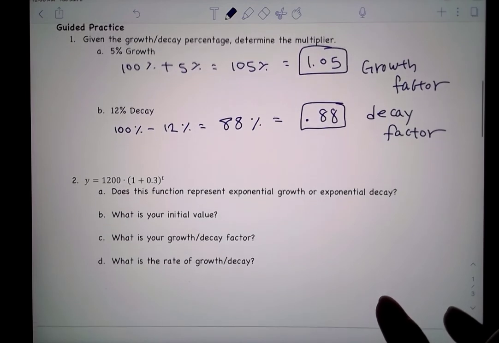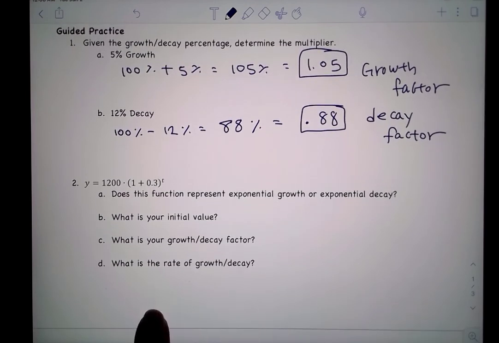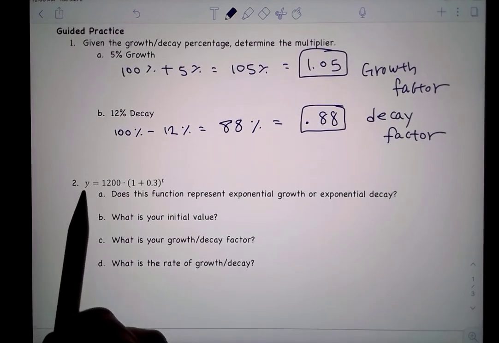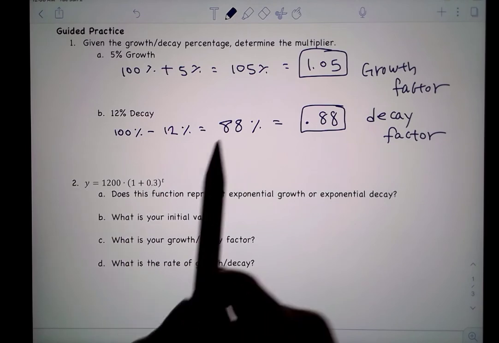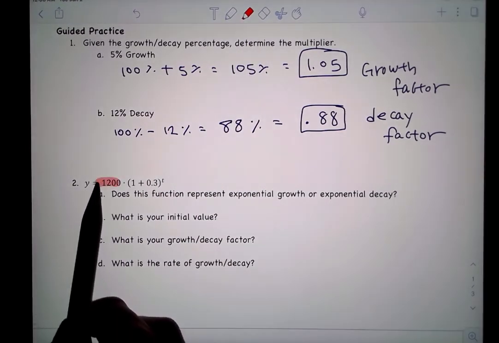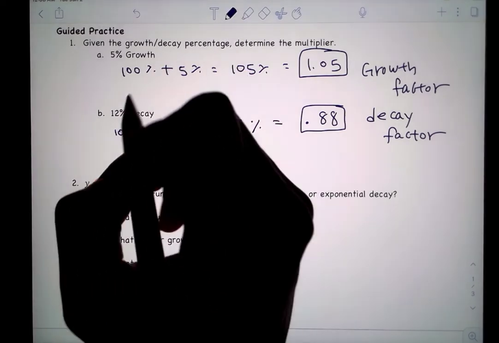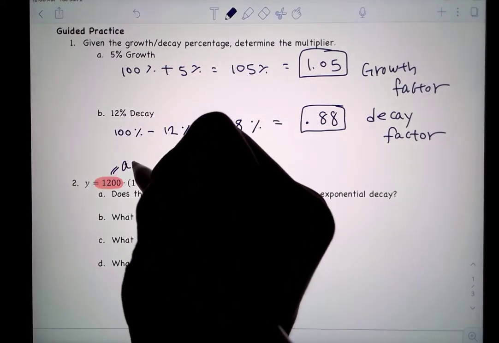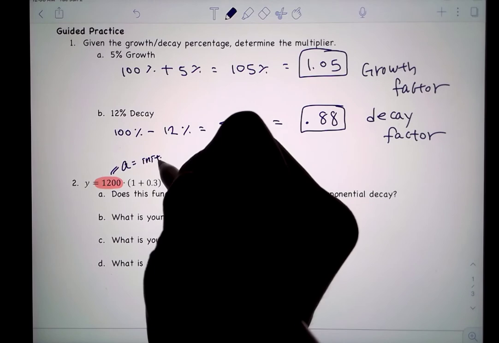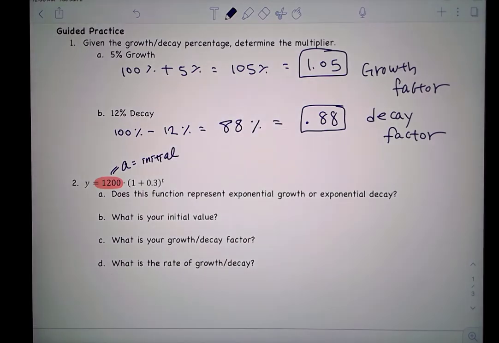So it's exactly the same as what we did yesterday. And today, I want to do this kind of stuff, guys. So I want you to look at the format. Do you see this? The first number, that is what? Our a, which is the initial value, right?